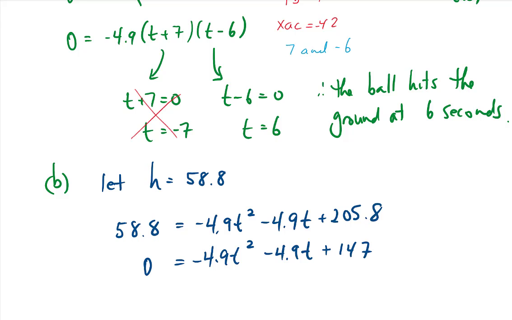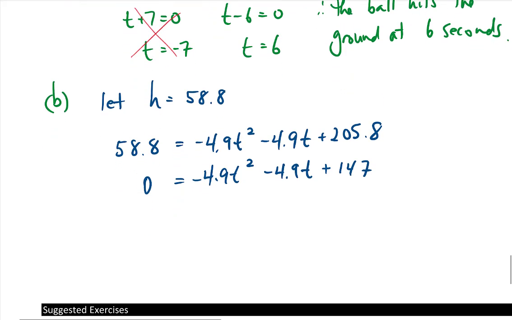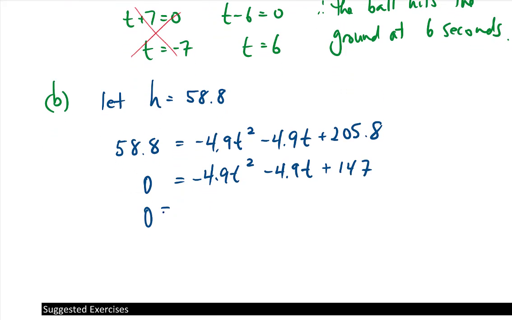So now we need to solve this equation. Same steps as before. First, common factor. So take out the -4.9 in this example. That gives me t squared plus t minus 30.